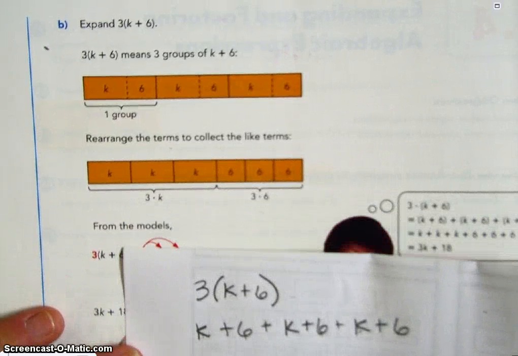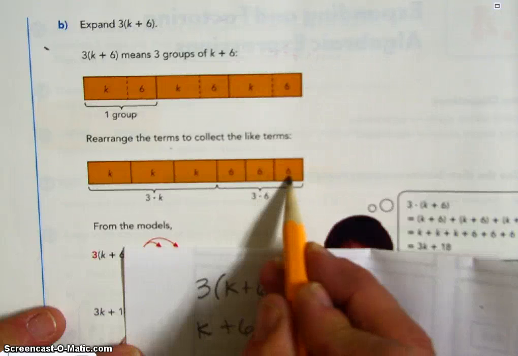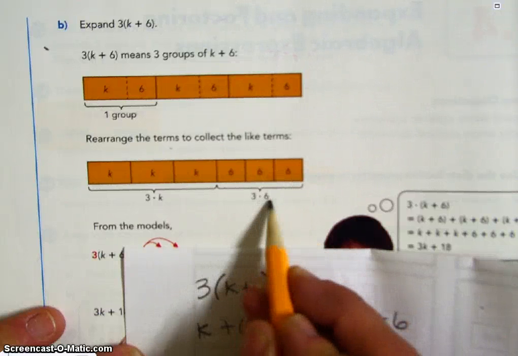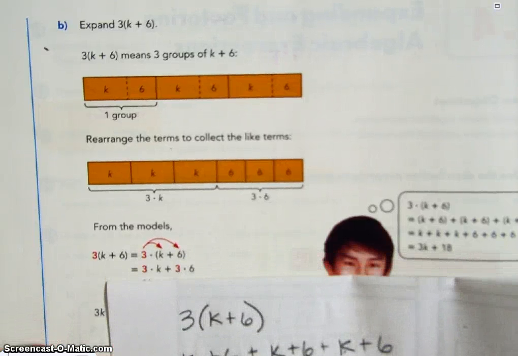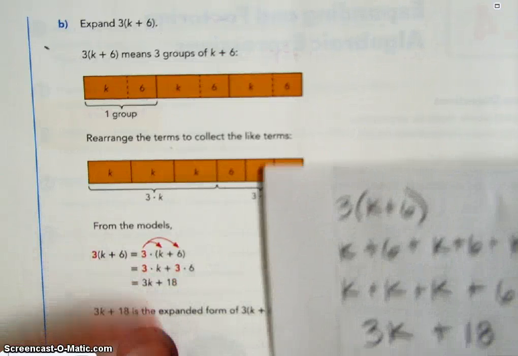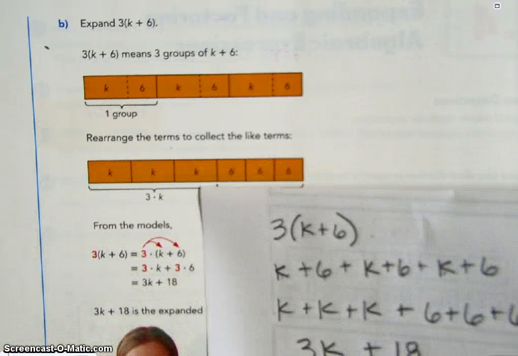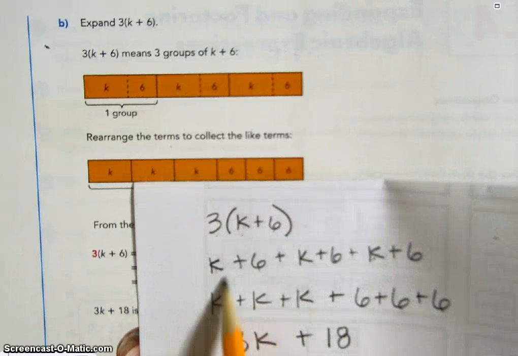That would equal 3k's, just like it says here, 3k, and 6 plus 6 plus 6, or we could call it 3 times 6 because it's 6 three times, which is going to equal 18. So hopefully you're following along there. We started out with 3 times k plus 6. We wrote it out.